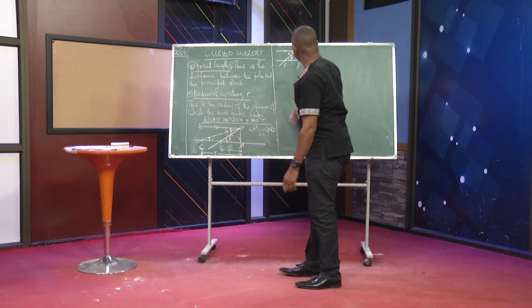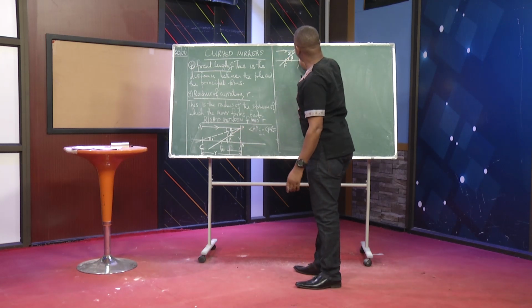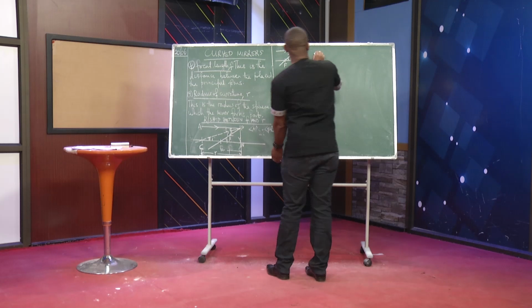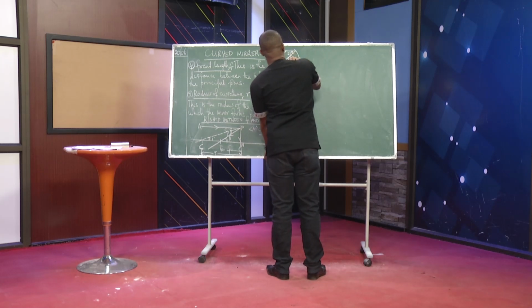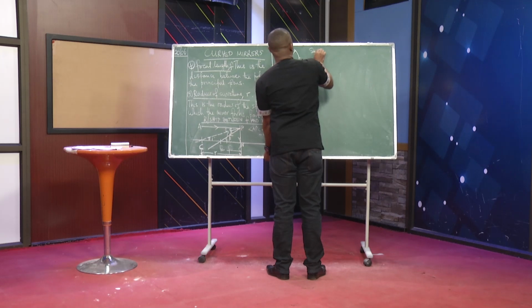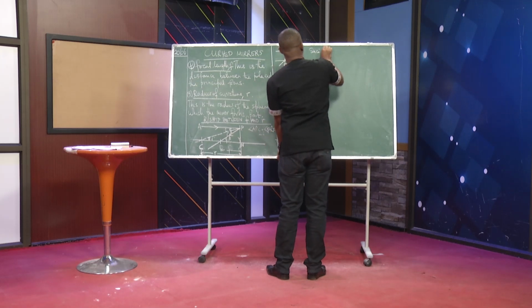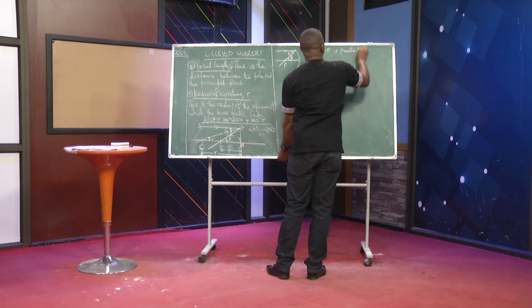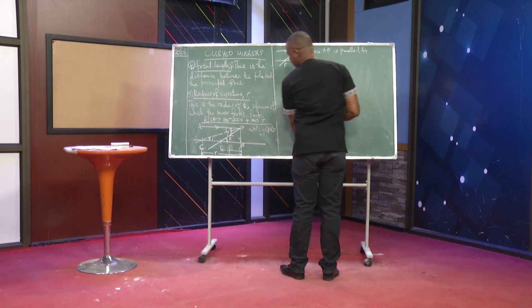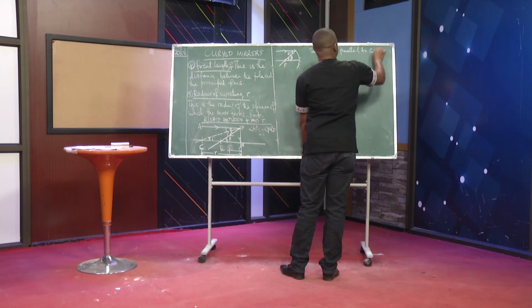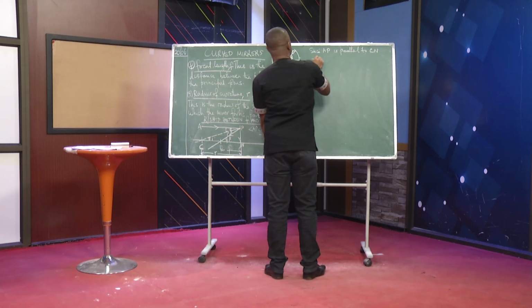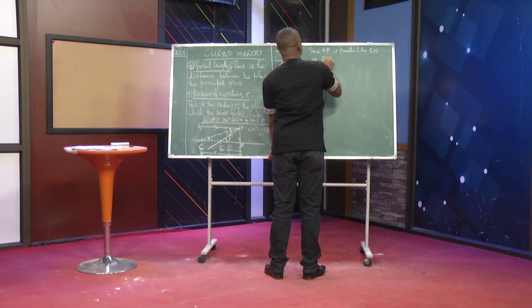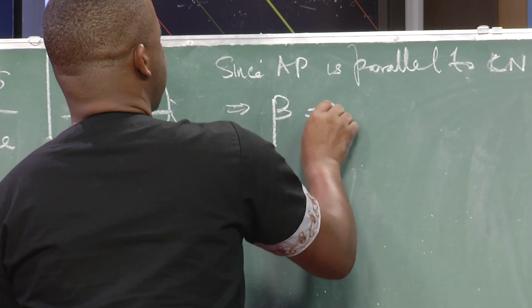And since these two lines are parallel to each other, since AP is parallel to line CN, it implies that beta is equal to 2I.